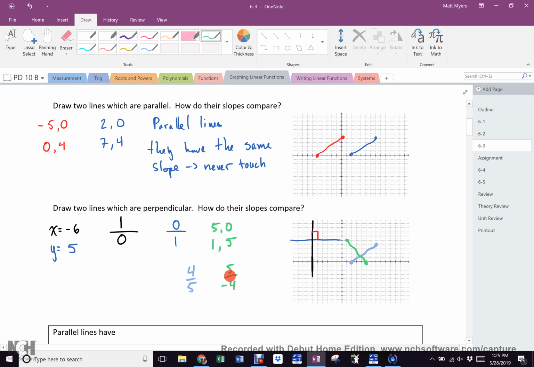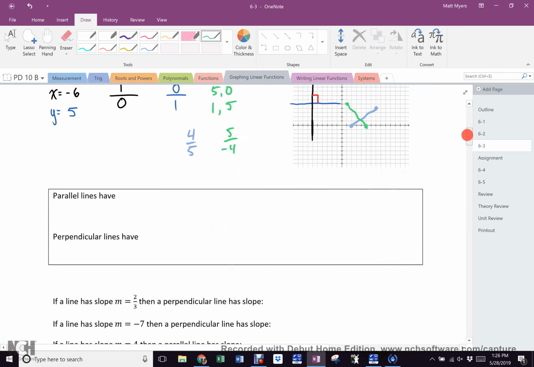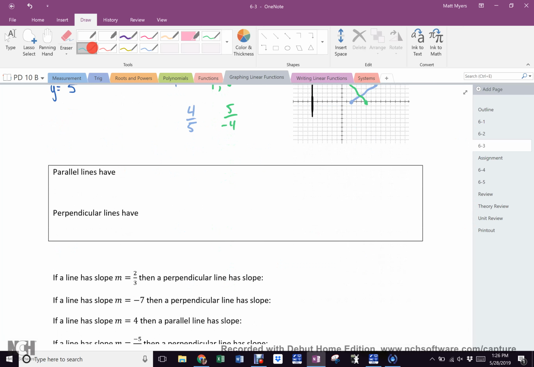So, what makes something perpendicular? Reciprocal, opposite slopes. So, parallel lines have the same slope and they never touch.